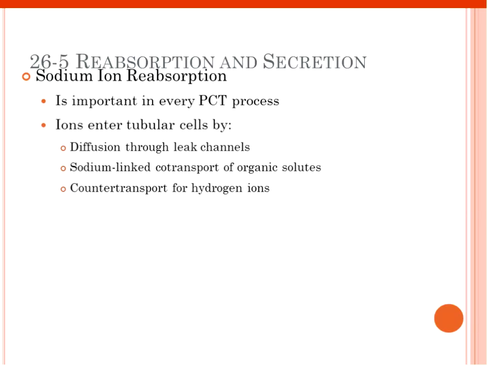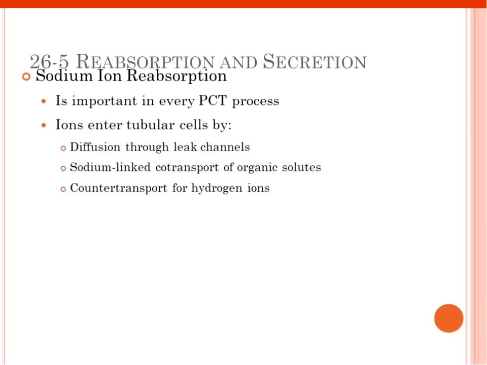And then a counter-transport system. Remember how I said before in the previous slide that you don't want too many hydrogen ions in circulation. You don't want too few, but definitely not too many, because what happens there is that your pH will get lower than 7.4, and we like for our pH to be slightly basic at 7.4.